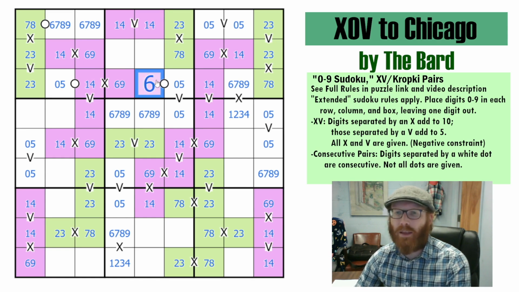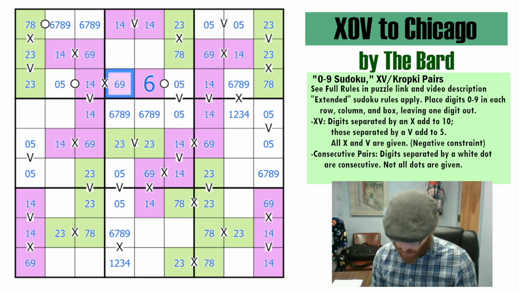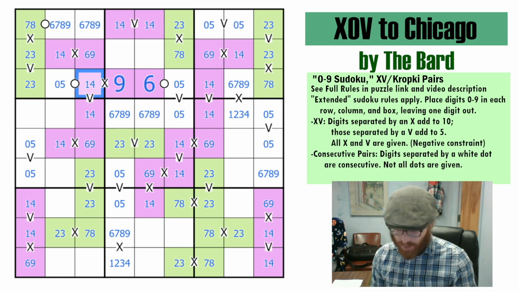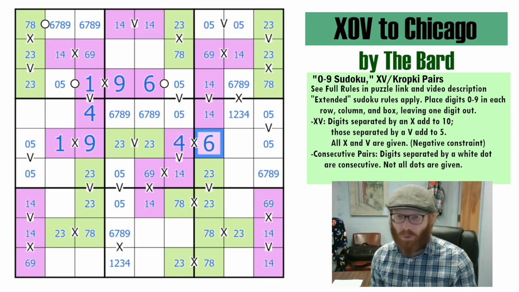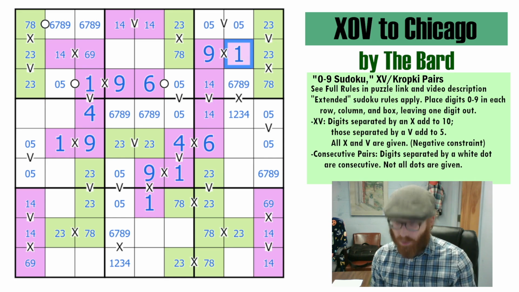That means that we can start resolving all this pink stuff. So that's a 9, 1, 4, 1, 9, 4, 6, 1, 9, 1. 6 looks up, makes it a 9, 1, 4, 1.